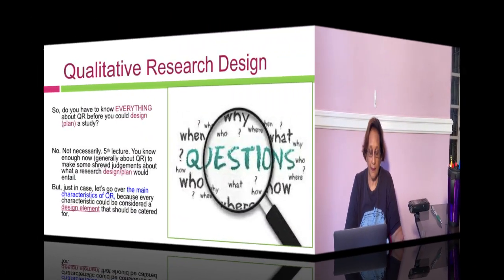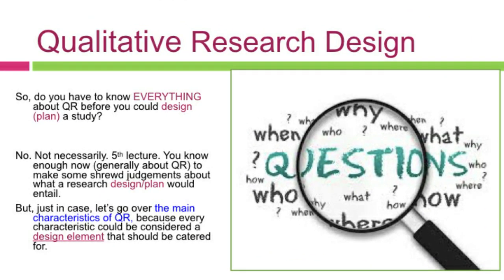So let us look at qualitative research design in a little more depth. What you will find is that the main characteristics of qualitative research become your main design elements. In other words, the design protocol or the design procedures, for example, the systematic procedures we spoke to earlier, they come to life when you think of what are the characteristics of qualitative research.